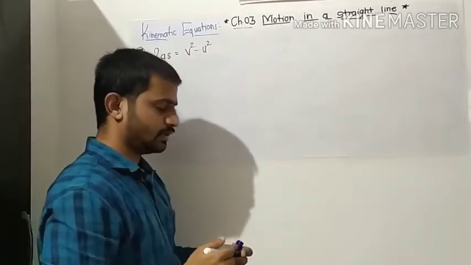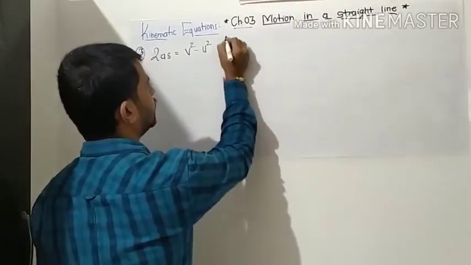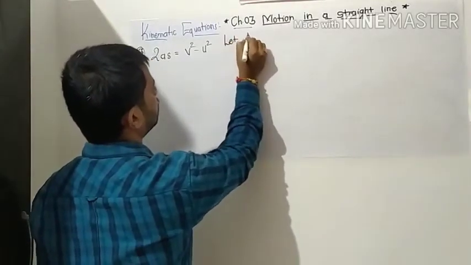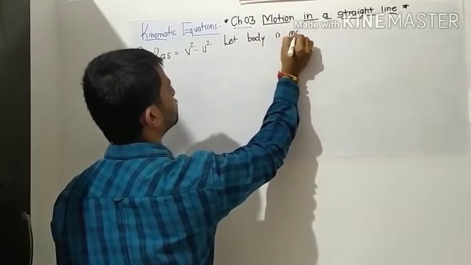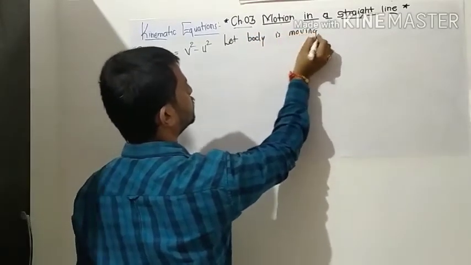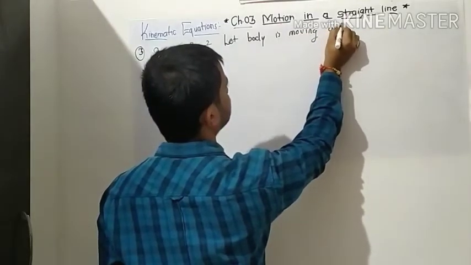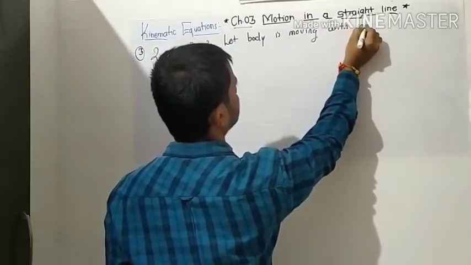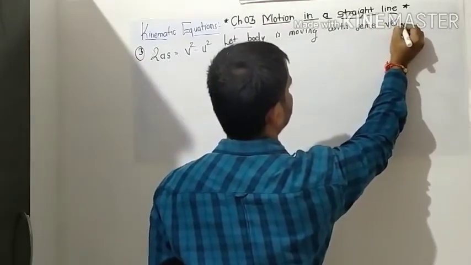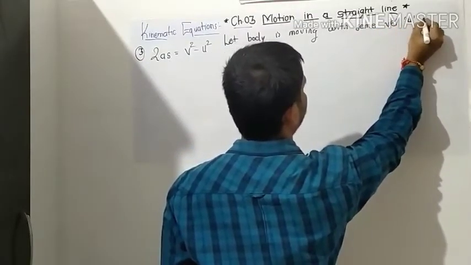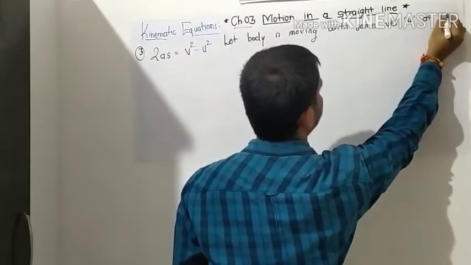Then let us consider that the body is moving with some velocity u at t is equal to 0.